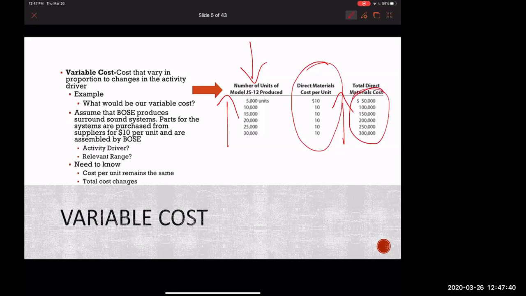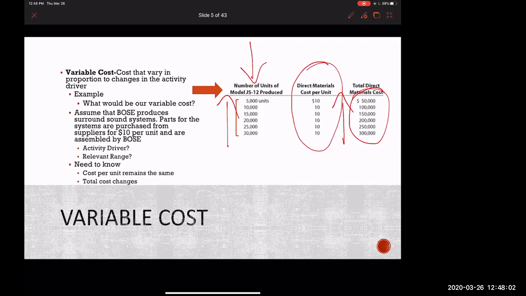Very similar to the last slide, our relevant range represents the cost that we are interested in understanding. For us, our relevant range is between 5,000 units and 30,000 units. We're interested in understanding the cost associated with producing between 5,000 and 30,000 speakers.